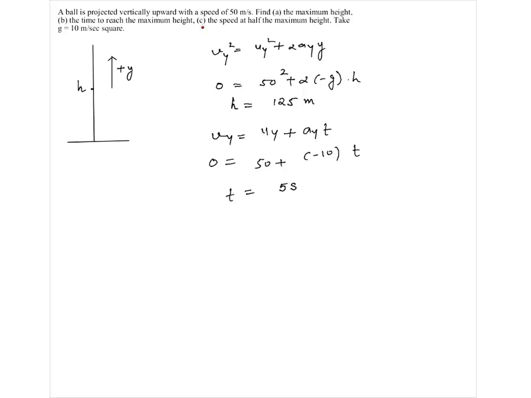Can you find out C, speed at half the maximum height? It would be 25 meters per second. 25 meters per second. You said 25 or 35?